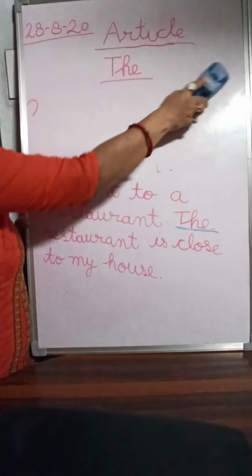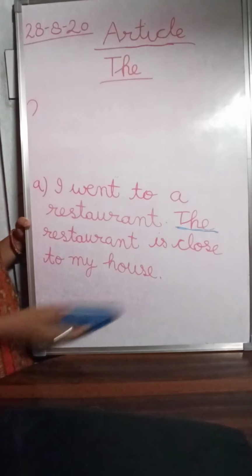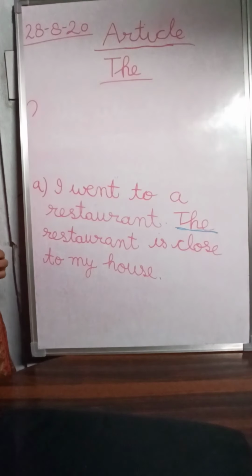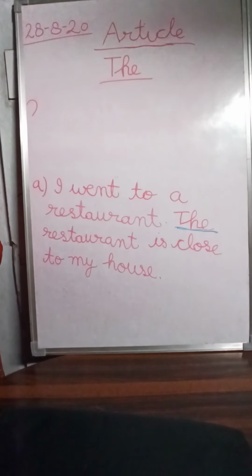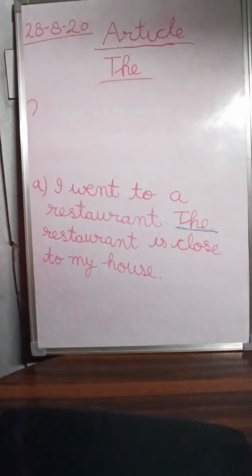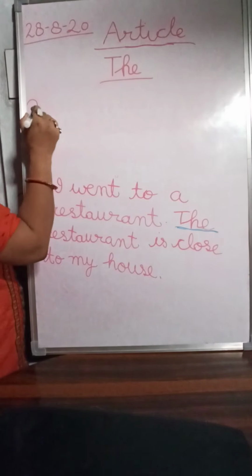ओके फ्रेंड्स, नाउ वी कम टू थर्ड कंडीशन. द यूज करने की थर्ड कंडीशन क्या है? थर्ड कंडीशन ये है कि जब कोई भी ऑब्जेक्ट या थिंग दुनिया में एक ही है, अपने तरह का एक ही ऑब्जेक्ट है, उसके जैसा कोई और अन्य ऑब्जेक्ट उस वर्ड में नहीं है. ओके, देन वी विल यूज आर्टिकल द.